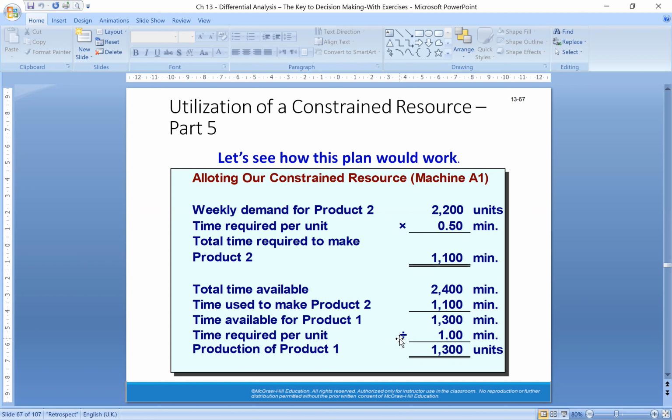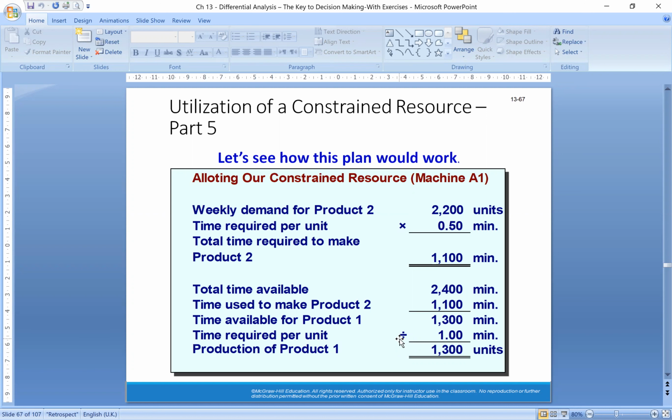So we need 1,100 minutes to fulfill the whole demand of product 2, and then the total time available for our machine is 2,400 minus the time we need for product 2, 1,100. We still have 1,300 minutes of machine time.